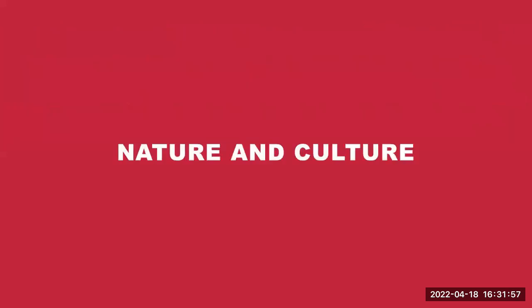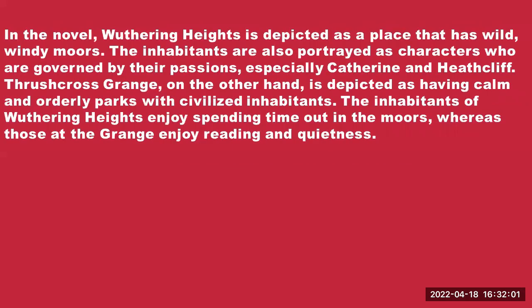Now, the next theme of the novel is the theme of nature and culture. In the novel, Wuthering Heights is depicted as a place that has wild, windy moors. If you examine the setting, you see how Wuthering Heights is described.